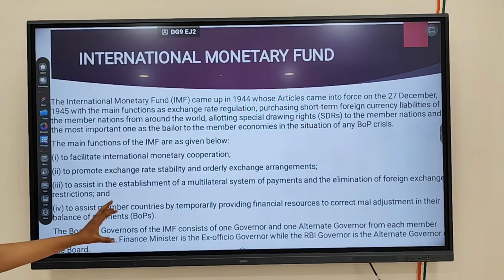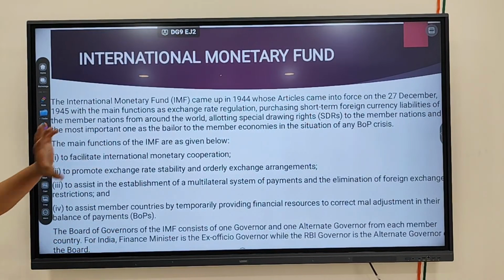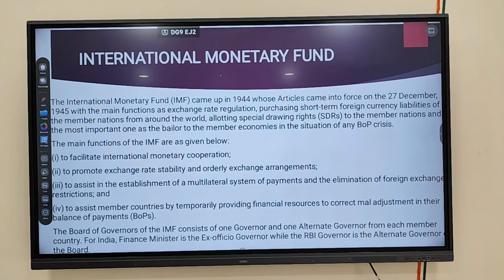During a BOP crisis, the IMF will help. What is balance of payment? Should the country have more exports or more imports for developing the nation? More exports. When they do more exports, they will get foreign currencies. That foreign currency will be reserved, and that is called forex, foreign exchange reserve.